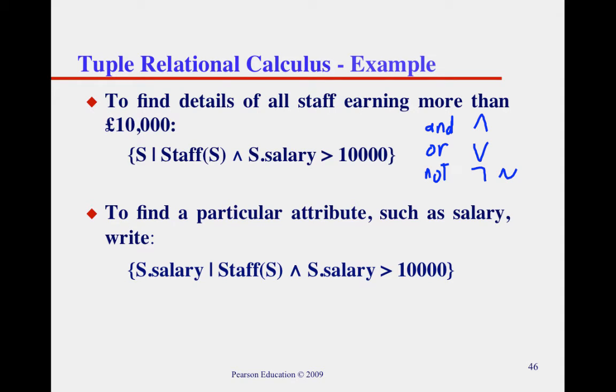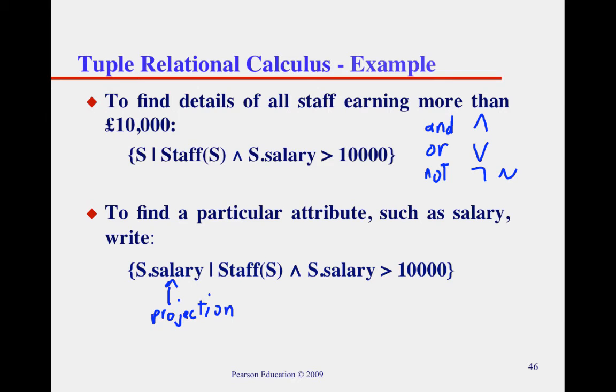And if we want a particular attribute, so this says list all attributes. This one says only list the salary in the result. So basically, your projection occurs on the left-hand side, so that's your projection.